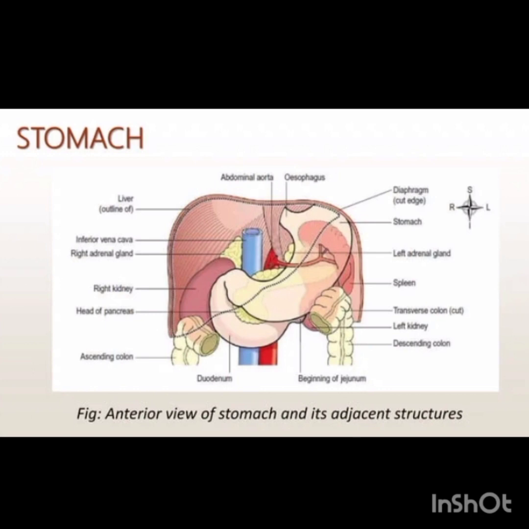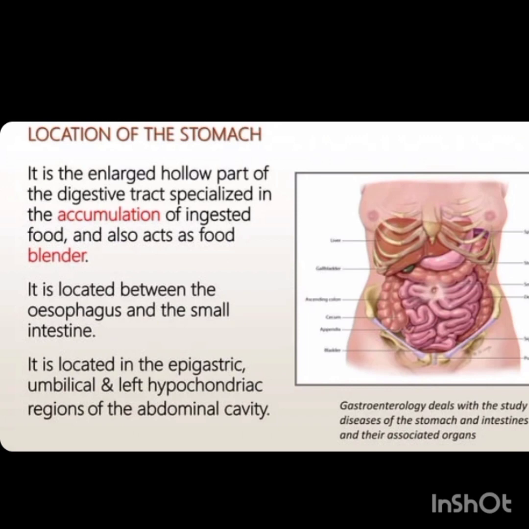This is the anterior view of the stomach and the parts in the anterior portion of the stomach. Location of the stomach. It is the enlarged hollow part of the digestive tract, specialized in the accumulation and digestion of food.